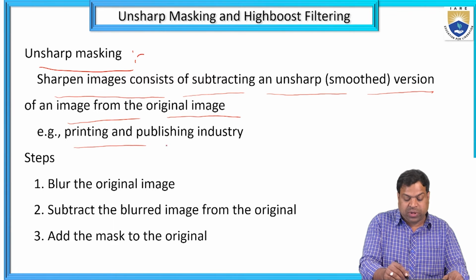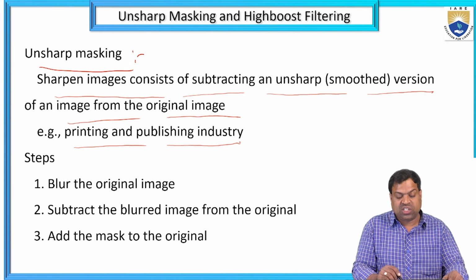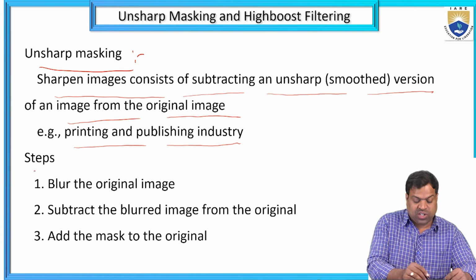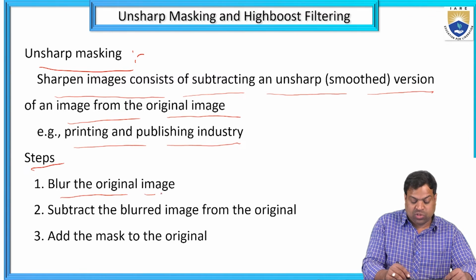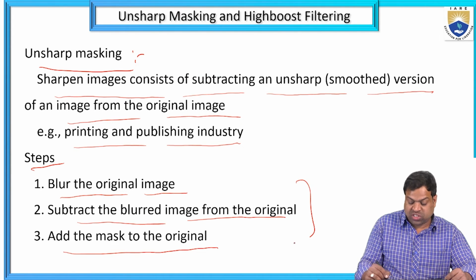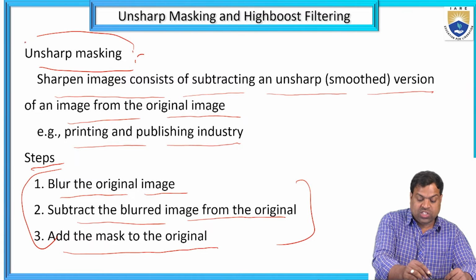An example is the printing and publishing industry. The steps are: blur the original image, subtract the blurred image from the original, and add the mask to the original.